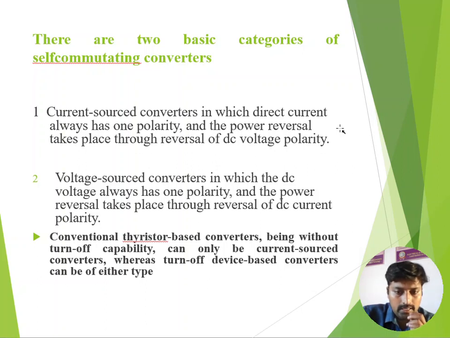That is the advantage of turn off devices like GTO, IGBT, IGCT, which I discussed in the previous slide. These turn off devices can be used as a current source converter as well as a voltage source converter. But if you use thyristors, they are only used for current source converters. So these are some limitations of thyristor based converters.